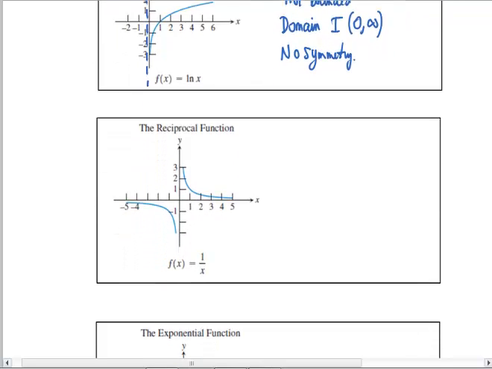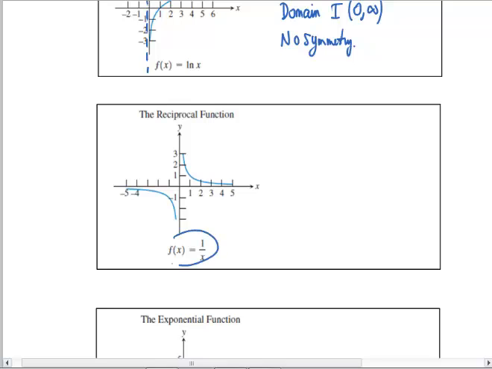Next function is the rational function, y equals 1 over x. So the domain is negative infinity up to 0 and 0 to infinity. Other people would describe this domain as all real numbers, but x cannot equal 0.